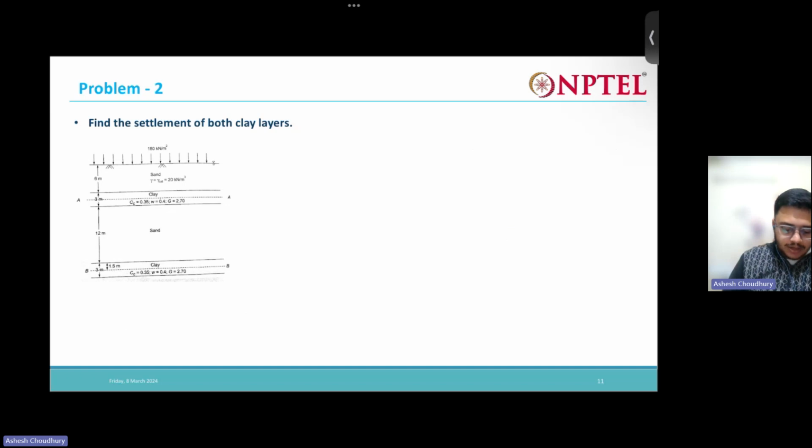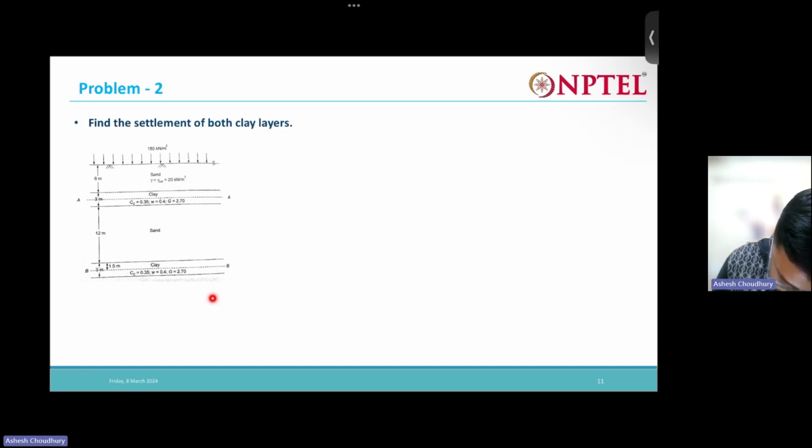Find the settlement of both the clay layers. Okay, so here we have two clay layers between sand layers, and 150 kilonewton per meter square we are applying as some extra load. So we need to find out the settlement in both these clay layers. First let us do for layer 1, and then we will do for layer 2.